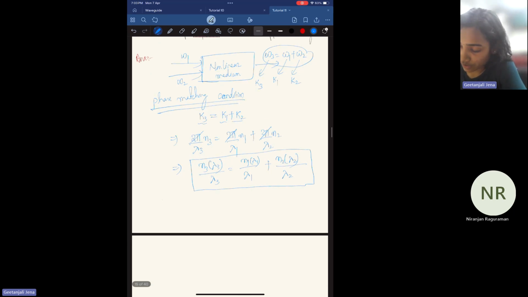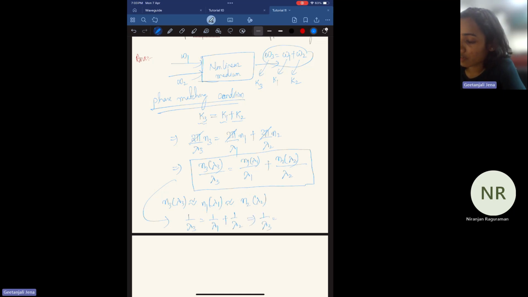If not, we can assume n3 lambda 3 equal to n1 lambda 1 equal to n2 lambda 2, so that 1 by lambda 3 equals 1 by lambda 1 plus 1 by lambda 2.